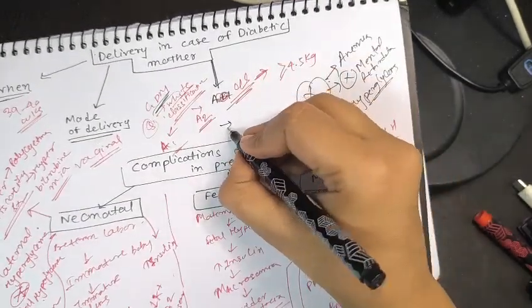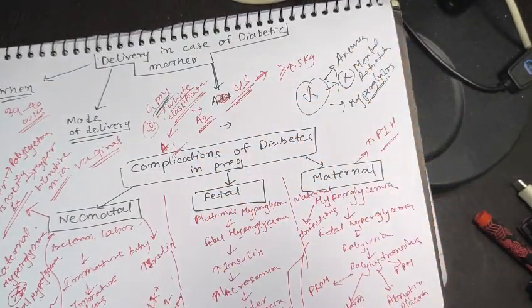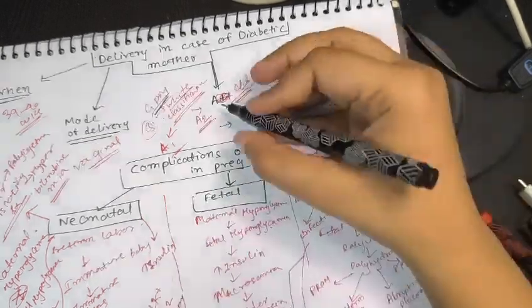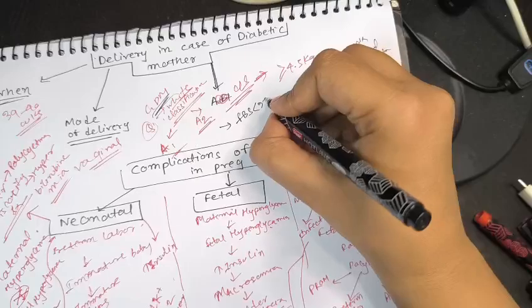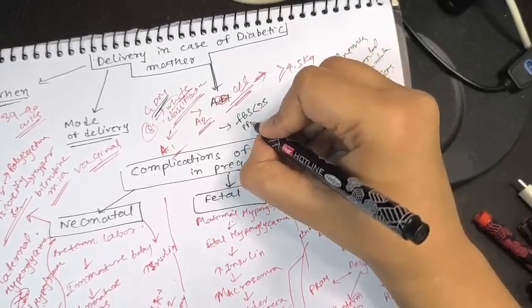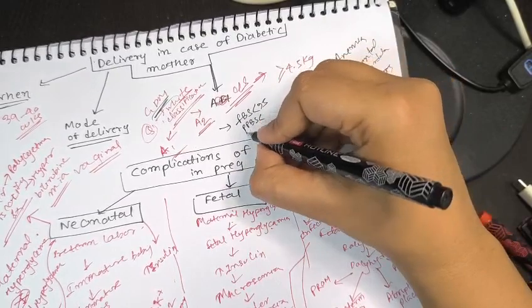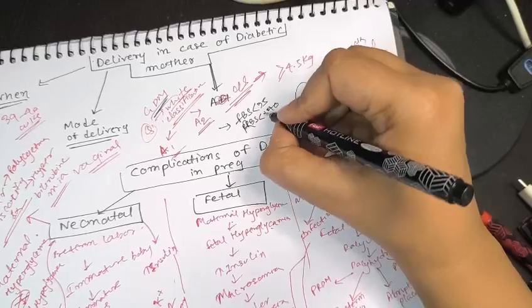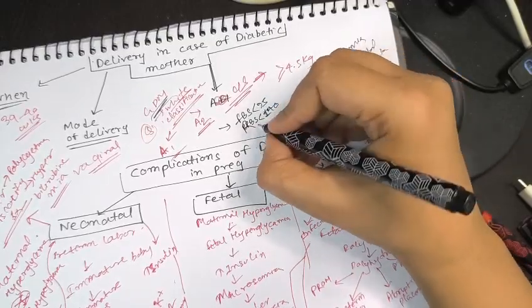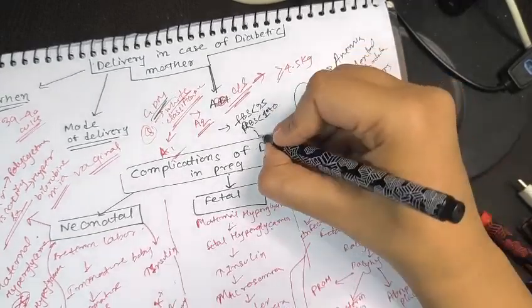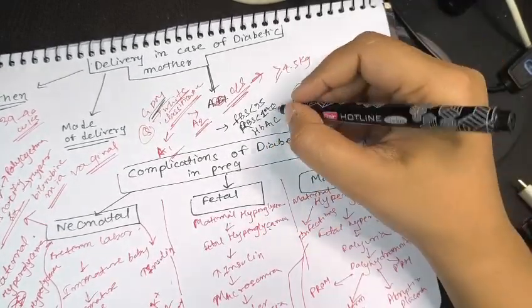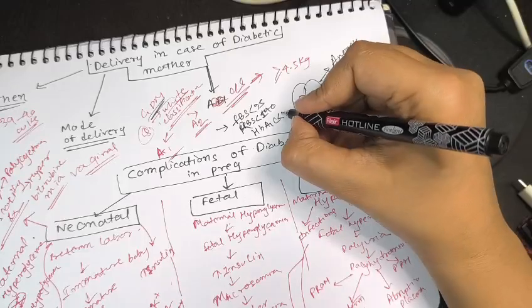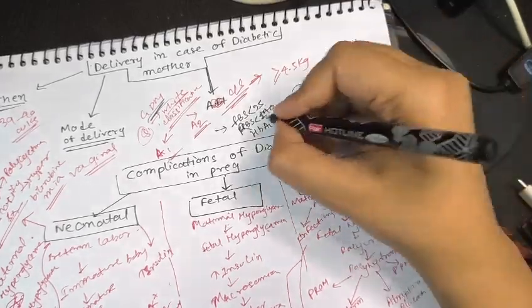So if the mother maintains the range, the range should be, in case of FBS 95, RBS more than 140, and PPBS, and HbA1c less than 6%.